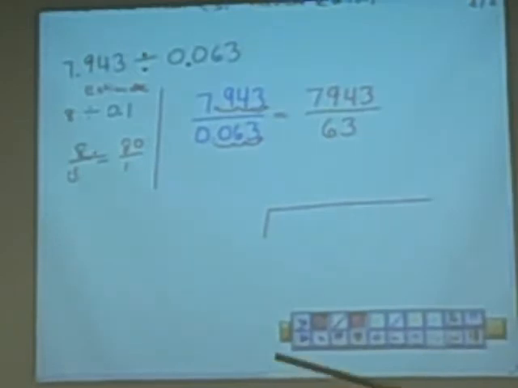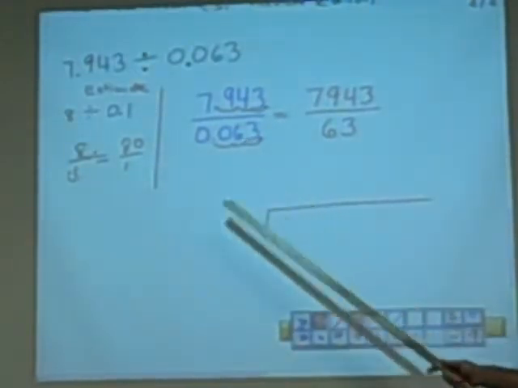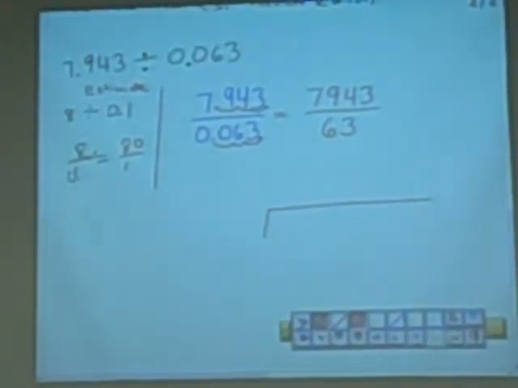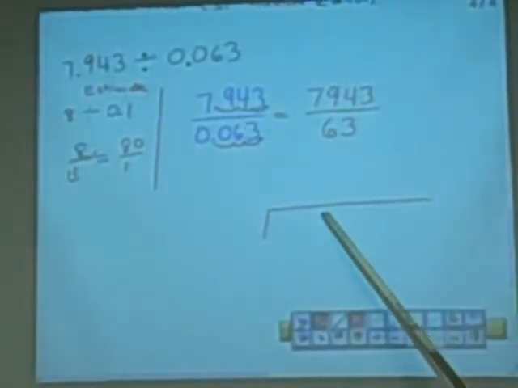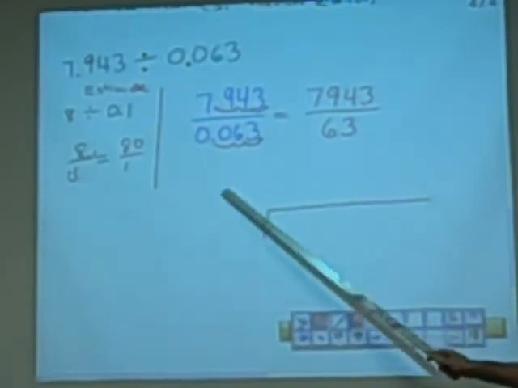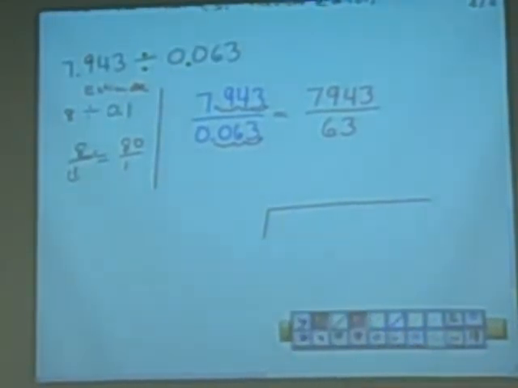Because in decimals, the smaller number may actually be on the inside. The numerator always goes inside, the denominator always goes as our divisor. So in decimals, the larger number is not always what's inside. You have to be careful with that.